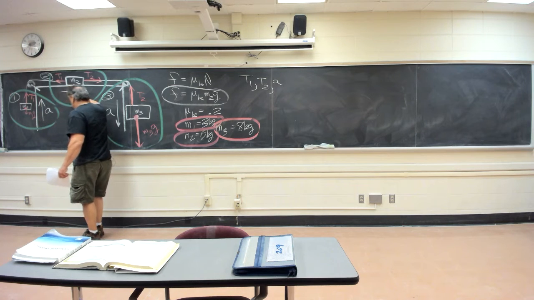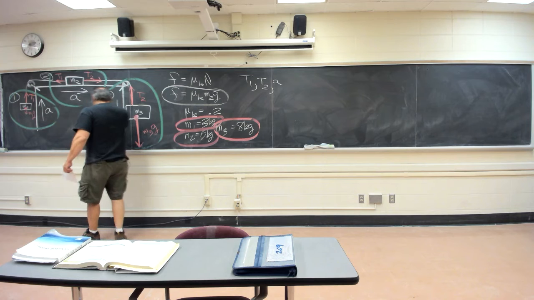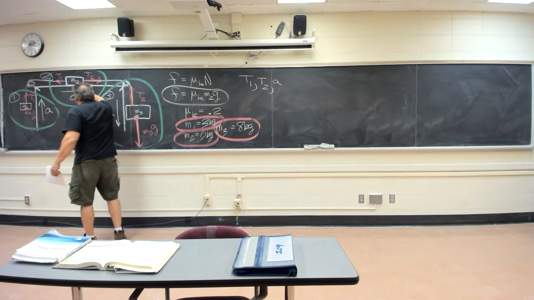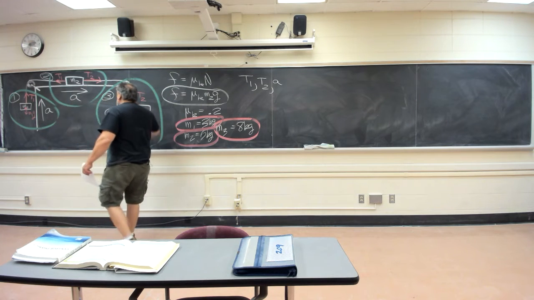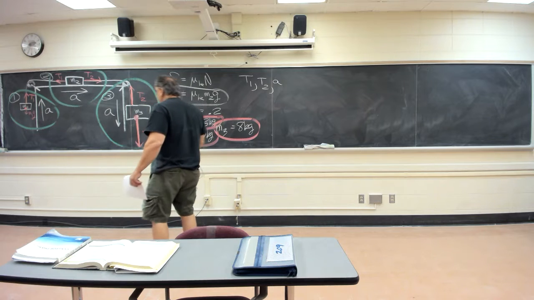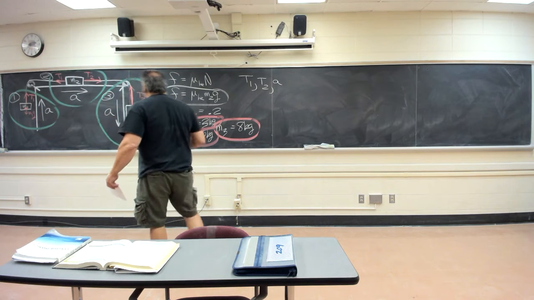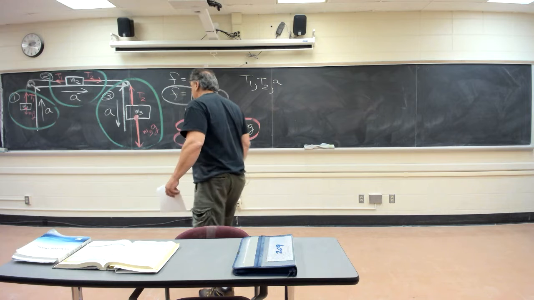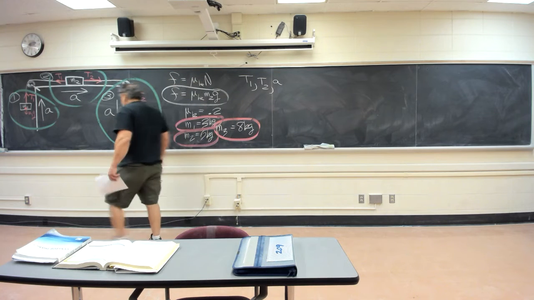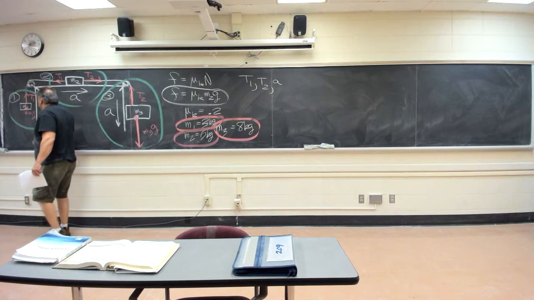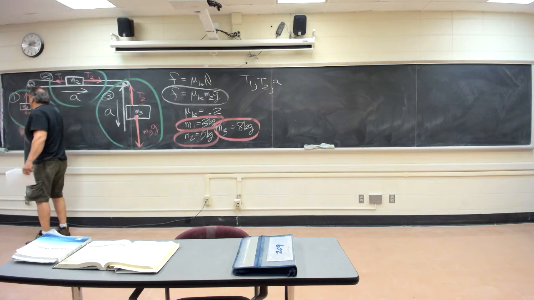Same thing here, and same thing here for 3. Scenarios 1, 2, and 3 will give us 1, 2, 3 equations. This thing pulls up, and then it pulls that way too.